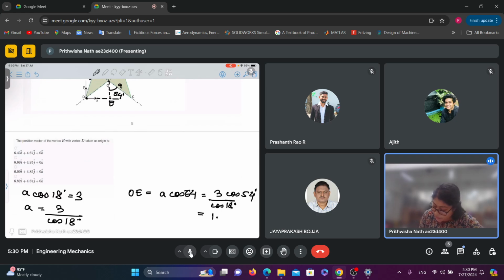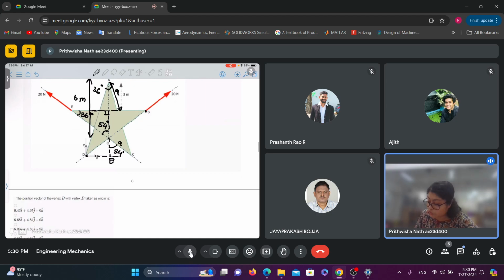So I get 1.85 meter. Now, to find out this coordinate of B with respect to D, I got this height as 1.85.